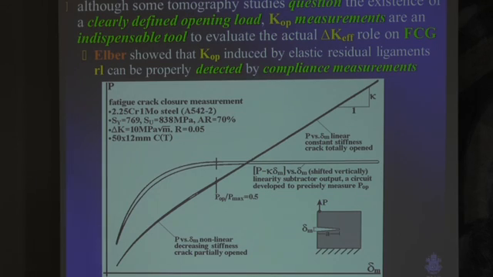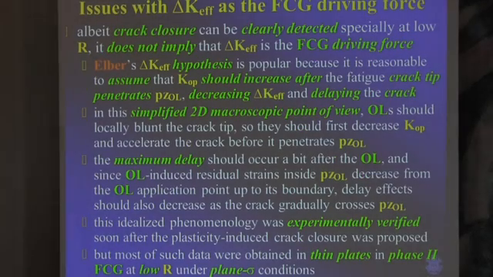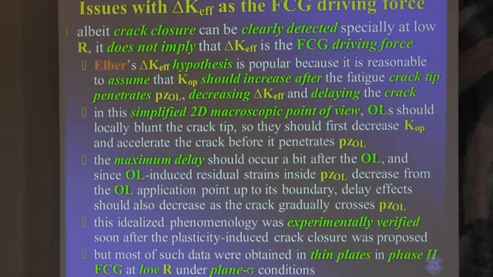Since the arguments I present question the use of delta K effective, some colleagues claimed the measurements were wrong. So in this meeting, I'm going to present still other completely independent measurements to support my conclusions. There are a lot of issues with delta K effective as the fatigue driving force. This hypothesis is a hypothesis made by Elber.